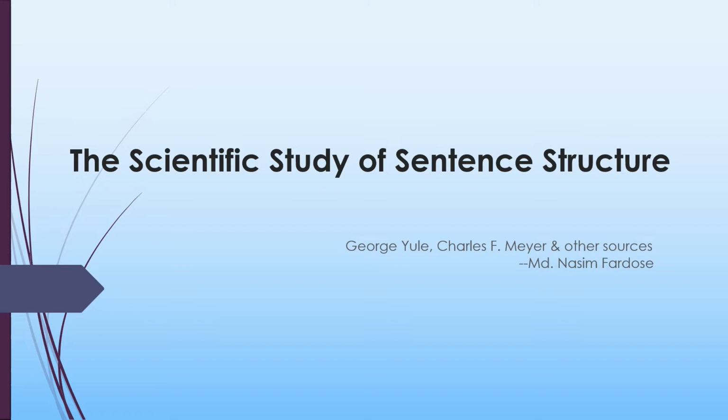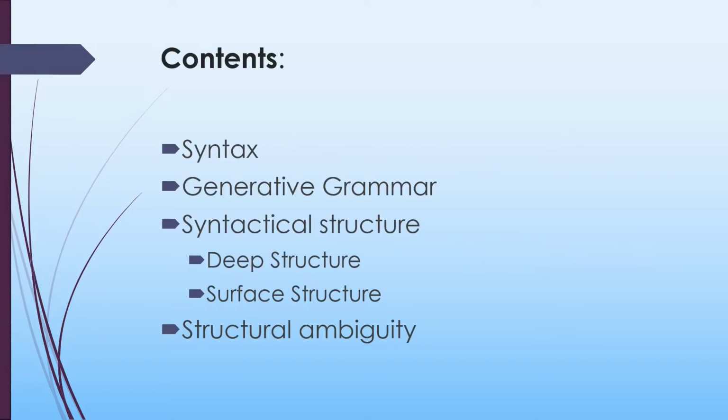So let's have a look at our contents. First, we would like to know what syntax is, and then we will look at generative grammar. You all know that grammar is all about structures, so we will look at what generative grammar is as well. Then we will look at syntactical structure, under which we will have deep structure and surface structure.